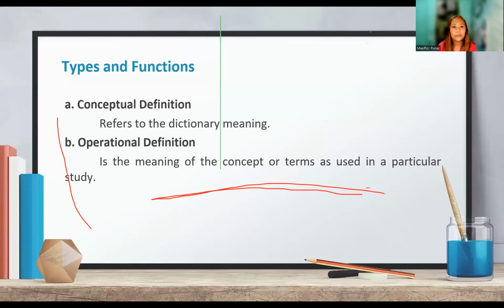So we know if we are going to find COVID-19, so na siya dictionary meaning or according sa imong na-find sa Google, for example. But in your case, sa imong study, you will define COVID-19 according sa dagan sa imong study. And we are going to use the operational definition sa ato ang chapter 1. So dili pwede ang conceptual definition, okay?